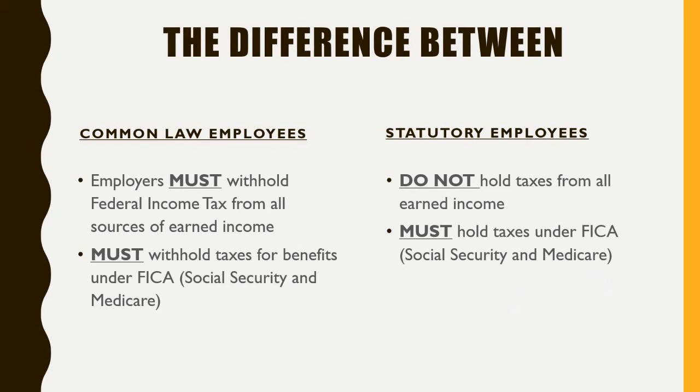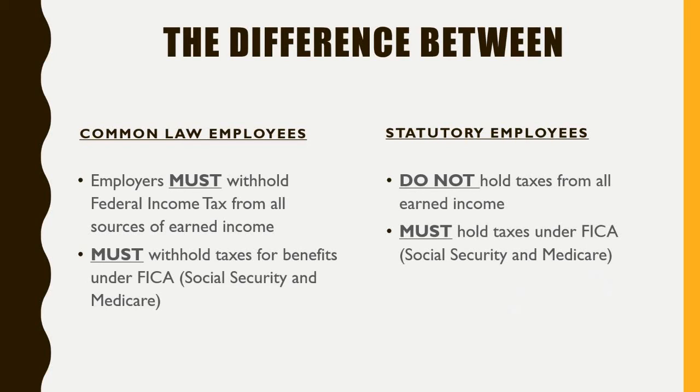But not only that, here's another difference between the two. Because common law employees have to report on a specific time frame, these employees are going to have to pay into their federal income tax withholdings.